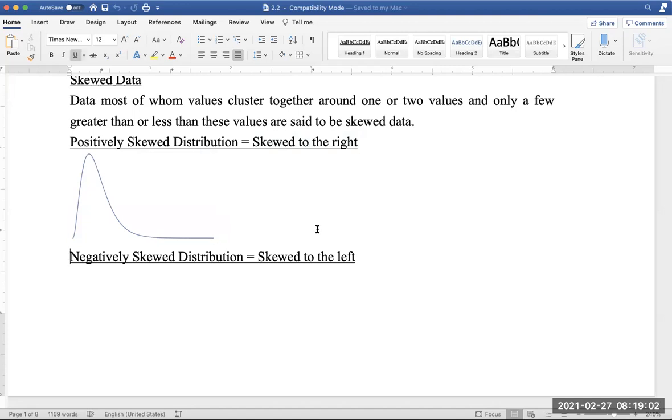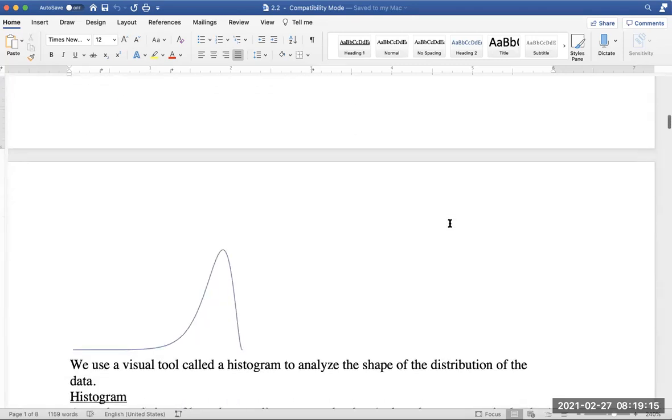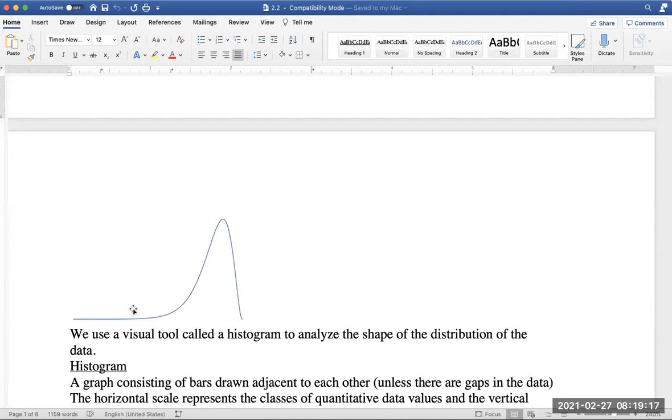It is positively skewed because, if you look at the axes, positive numbers are to the right. Similarly, this is skewed to the left because our tail is to the left. Always look for your tail.